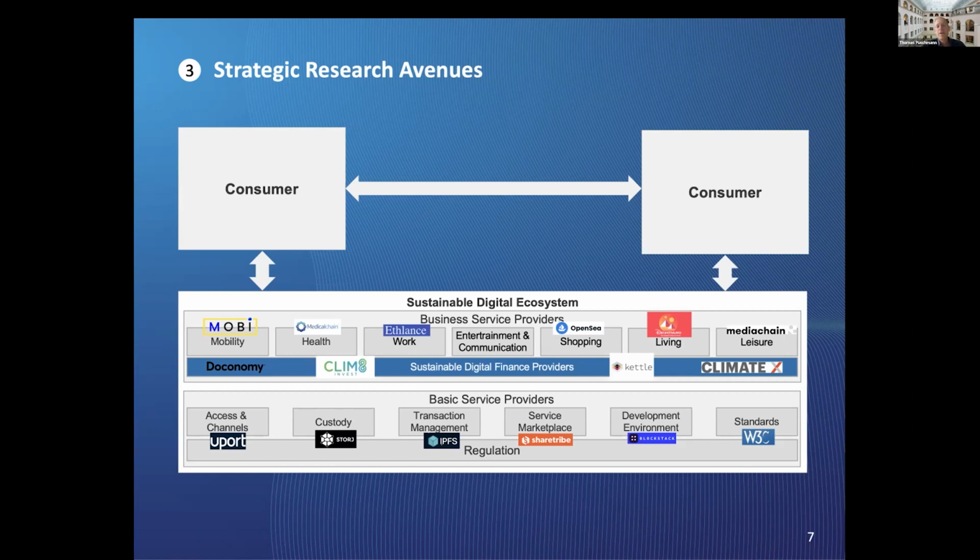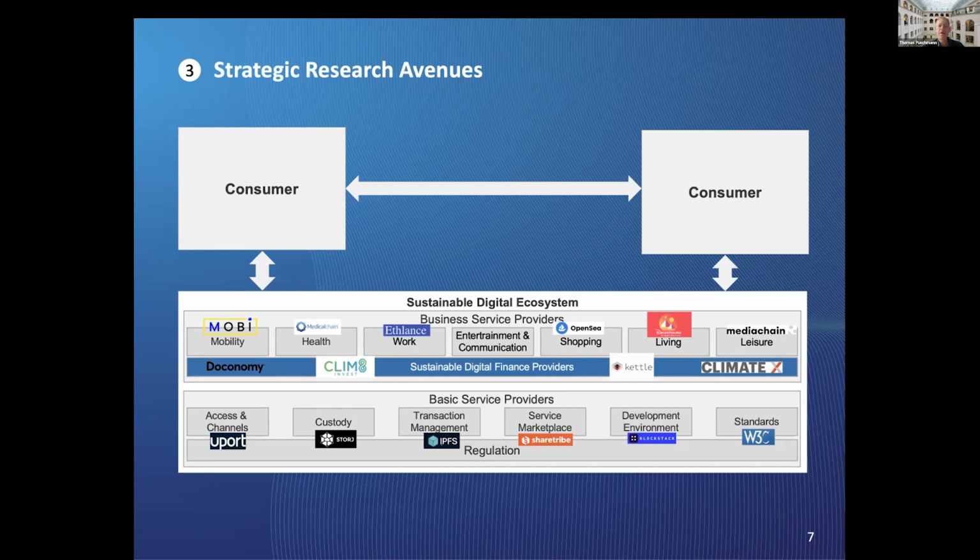However, there is a clear trend here, and we see that the sustainable digital finance service providers might be kind of a tool or a glue between the different kinds of ecosystems.